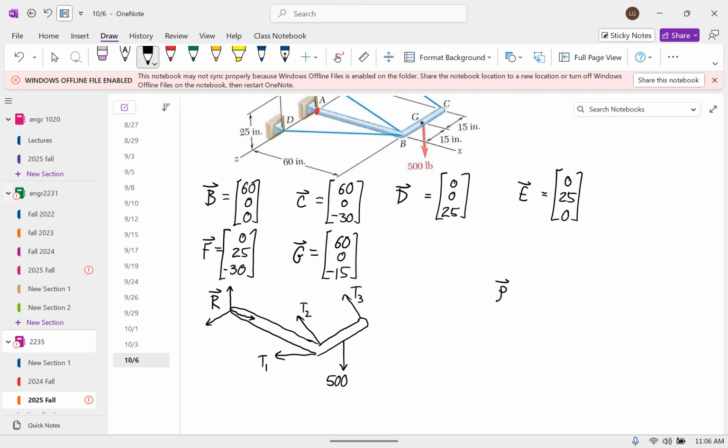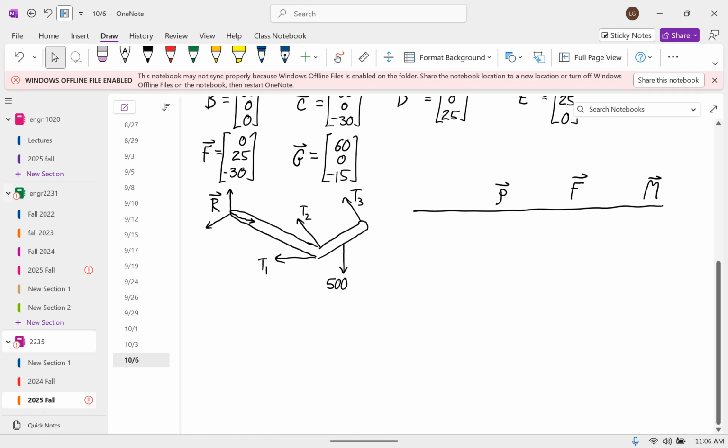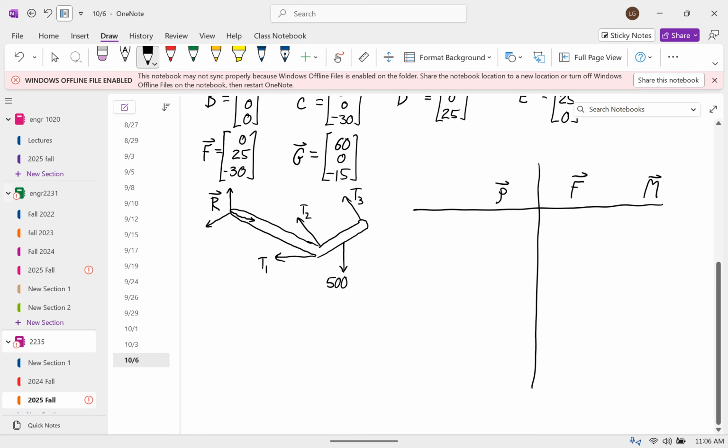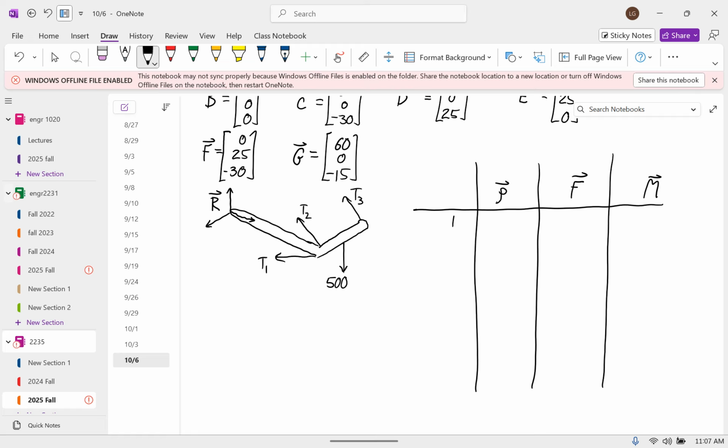So rho, force, moment. The force R, that's at our about point, so the rho vector is 0.